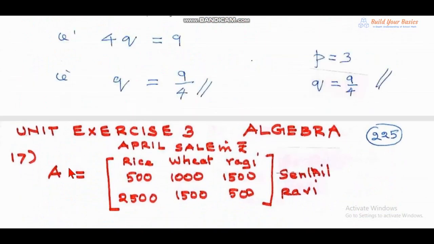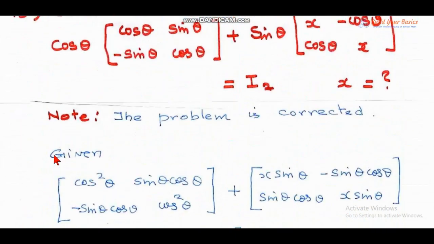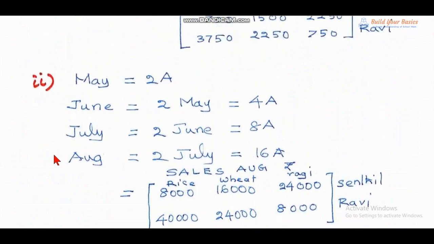So each element of the matrix A is multiplied by 16, because sale for August is 16 times that of April. So 8,000, 16,000, 24,000, 40,000, 24,000, 8,000. That is the final answer.